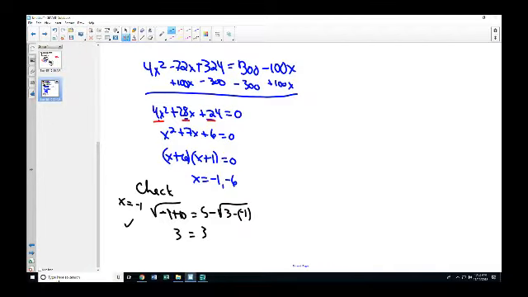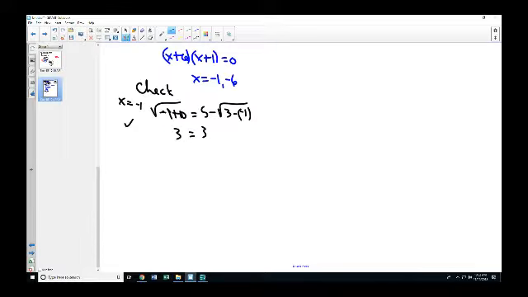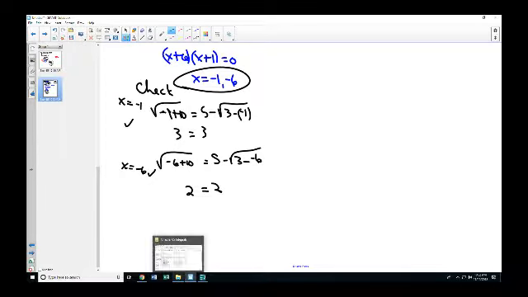Now do negative 6. 5 minus 2. Hey, look at that, they both work. So those are actually your solutions.